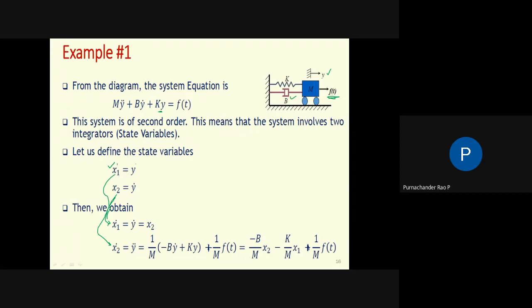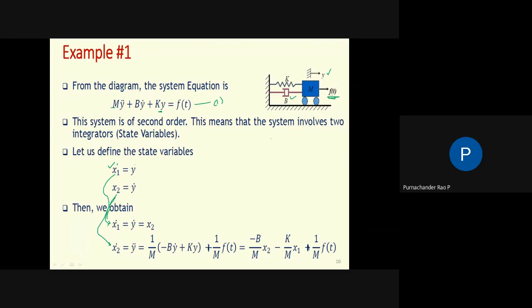If you take the differentiation here, y dash is equal to x2, because y dash is assumed as x2. And then x2 dash is equal to y double dash. But from our equation number 1, y double dash is equal to 1 by m.